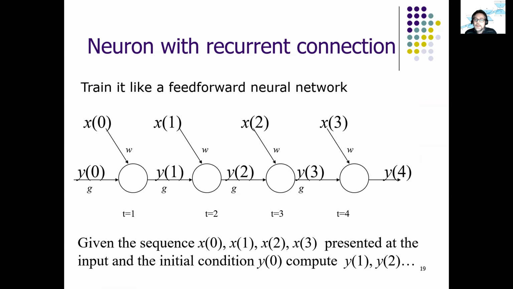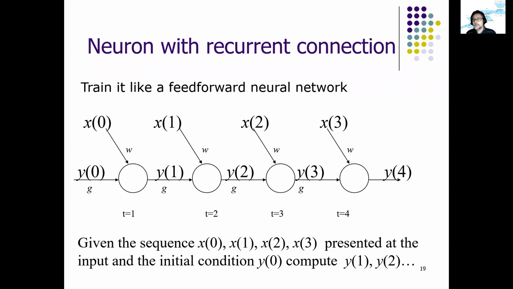So since we can unfold it and produce a feed-forward network, then we can train it like a feed-forward network. So we give a sequence of data at the input, x0, x1, x2, x3, it's a time sequence. And then we have some initial state, initial conditions, as usual for the weights and the activations.